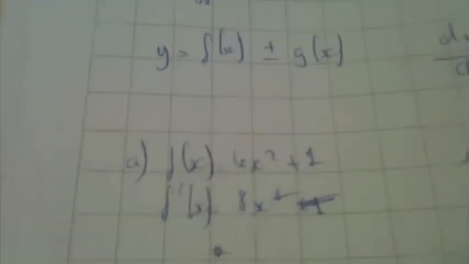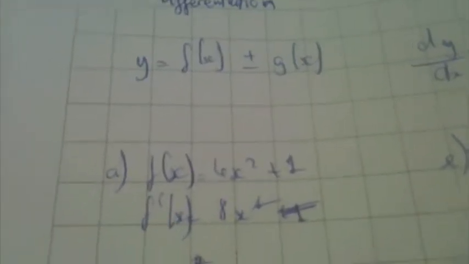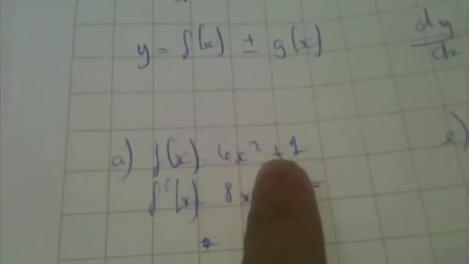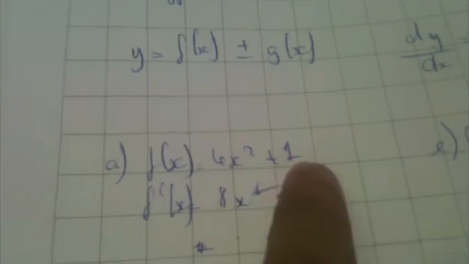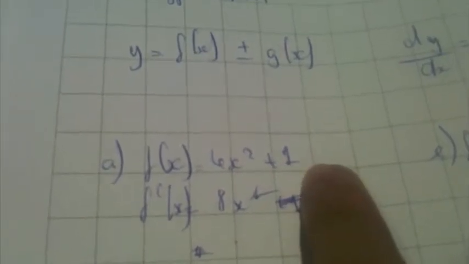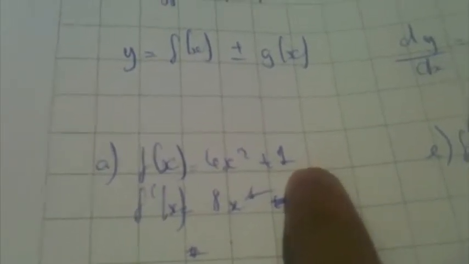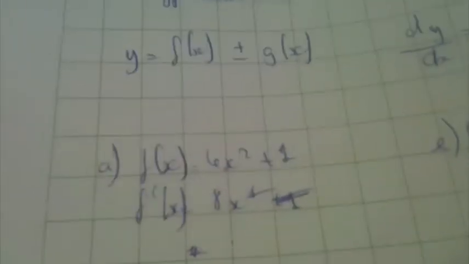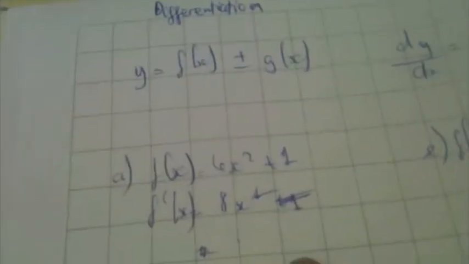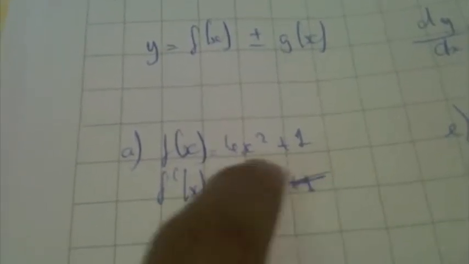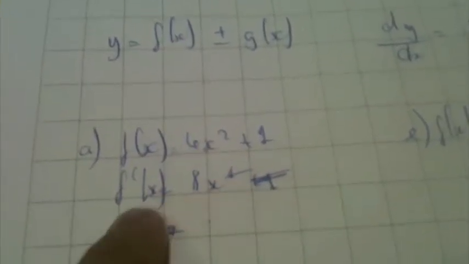So here's the differentiation of two functions together. The first function is 4x squared, and the second one is y equals 1. We add them together, and we're trying to find a derivative for that. Then here we go.